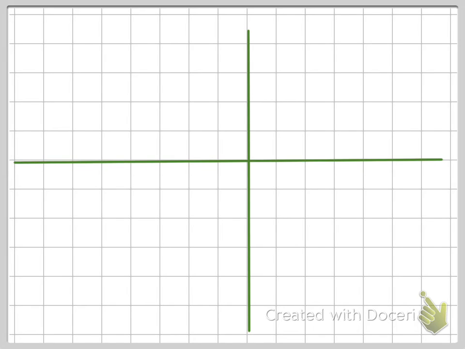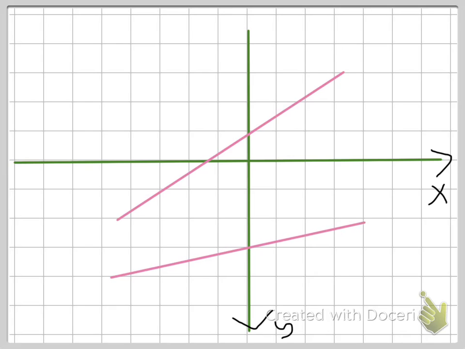Now, let me get a graph out here for a second. Okay, so watch this. If I have a graph, here's one, here's another one. Let's make it xy, right? Just label the axes. Okay, now let's show some examples of lines. So let's say this is one line, this is another line, and another line.